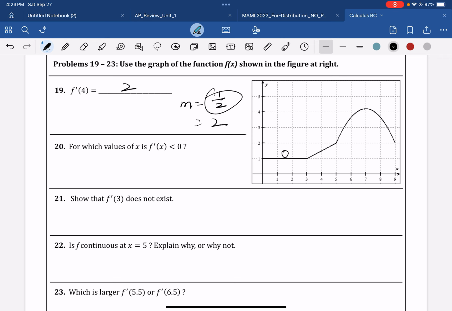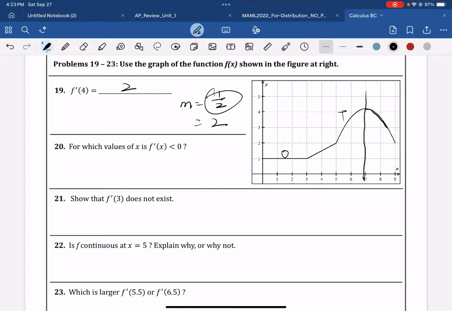And for this part, I would guess it's probably like 3 from 5 to 7. For this part, we can see it also goes down. So this part is still positive.